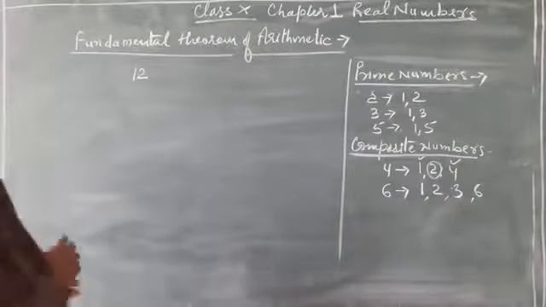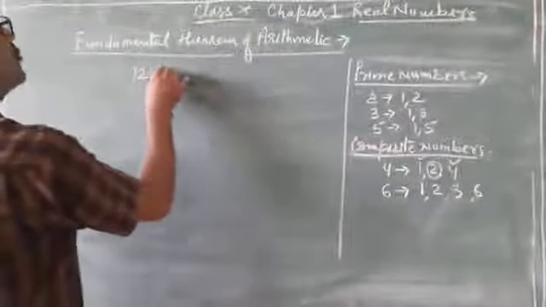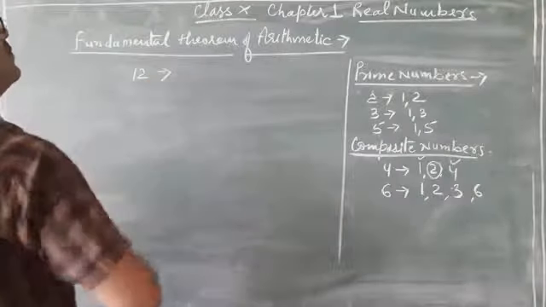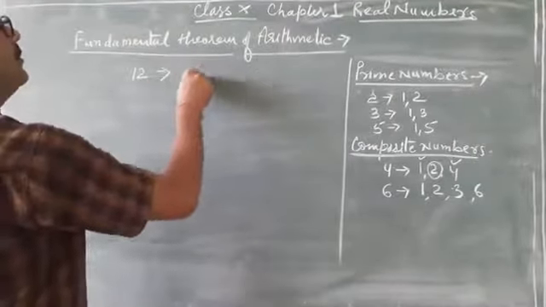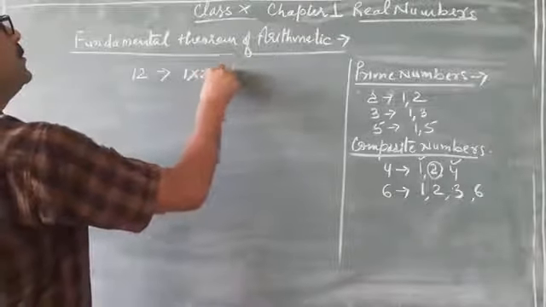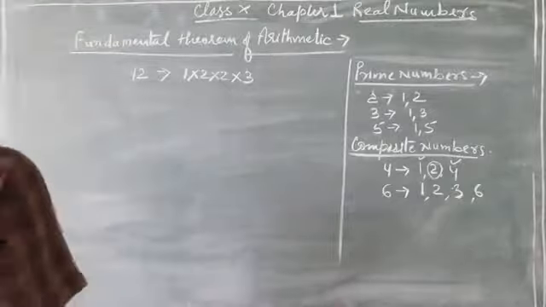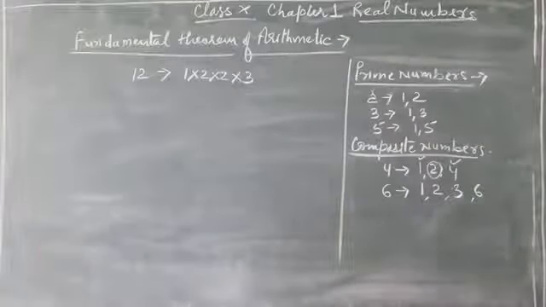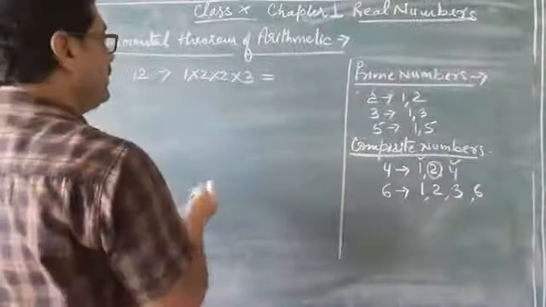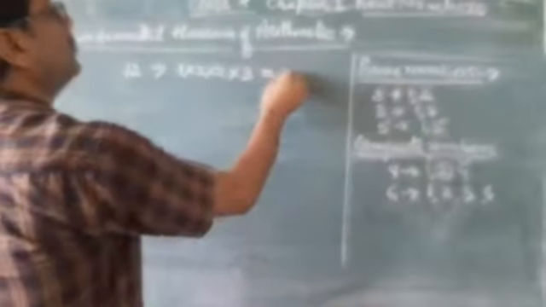We can write it as 1 into 2 into 2 into 3. We can't count 1. So we can write 12 as 2 to the power 2 into 3.